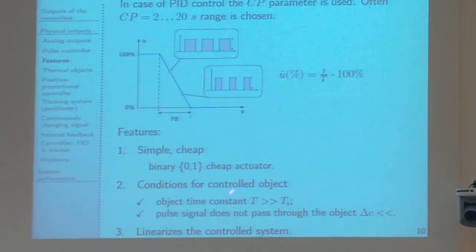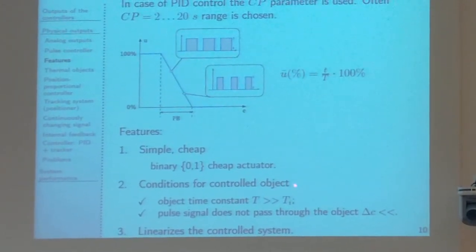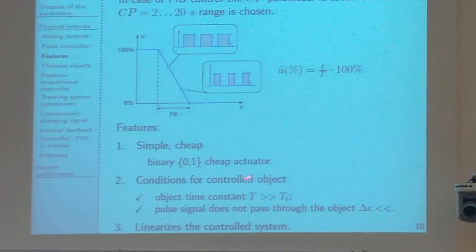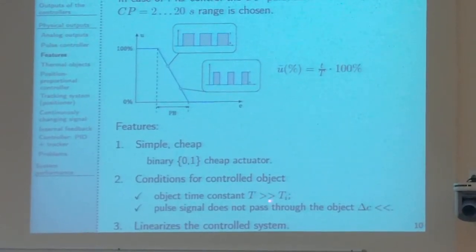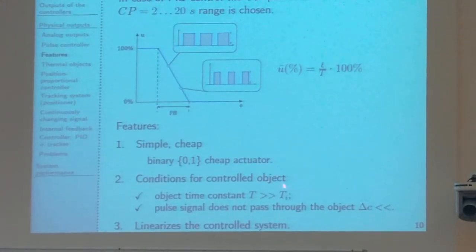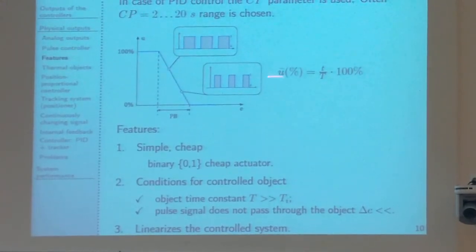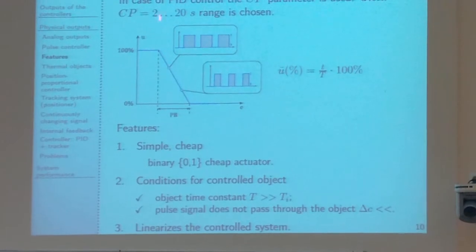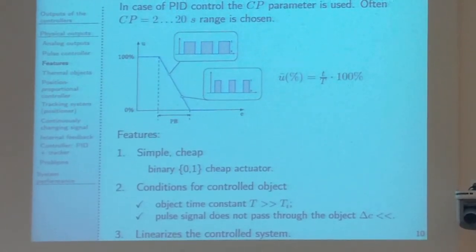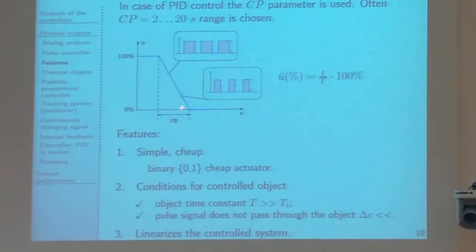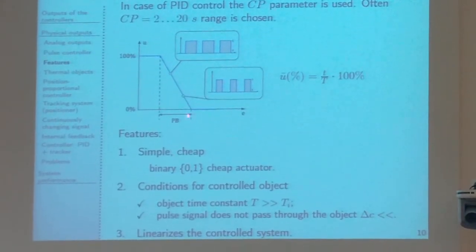So we should check that our object's time constant is much larger than this parameter which is called CP in our controller. Then we will obtain quite a good situation.